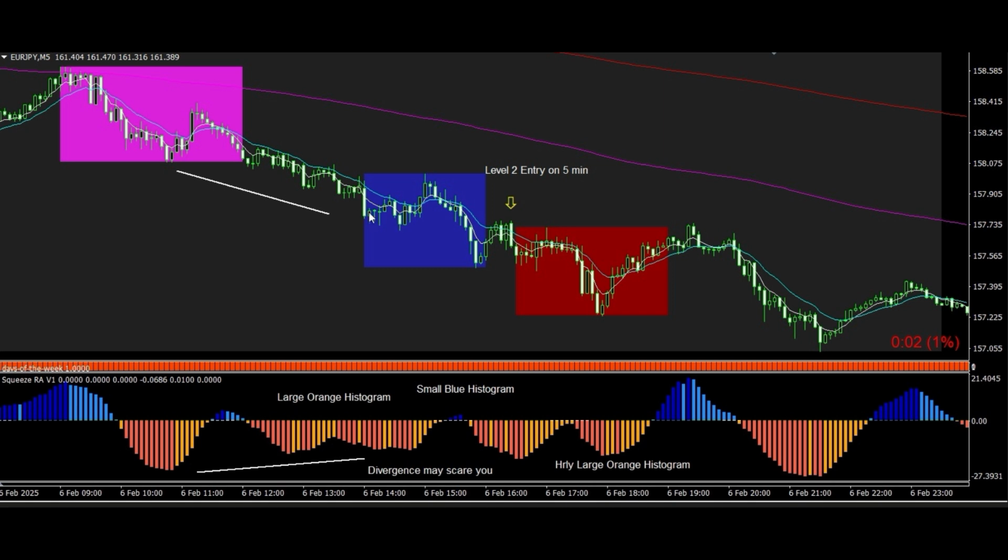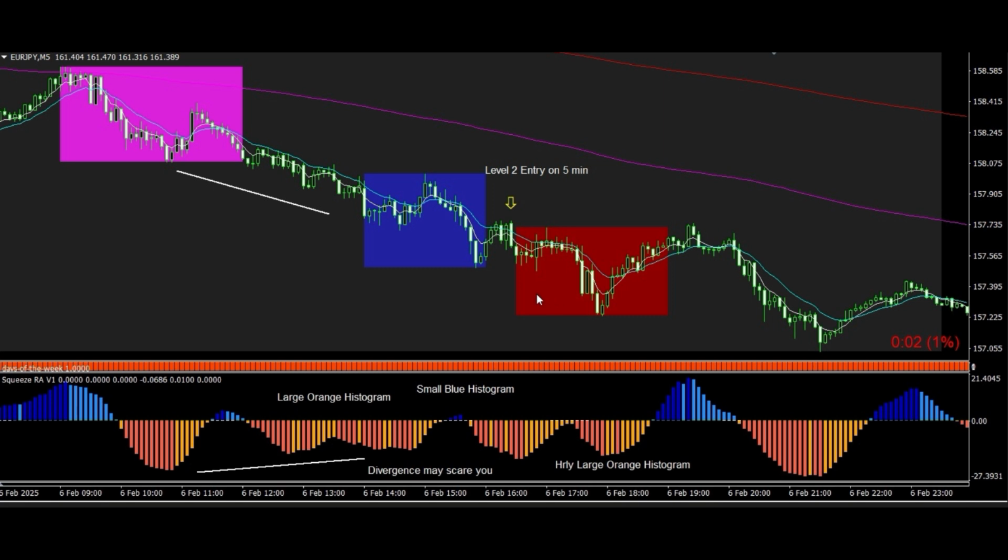So this is still level 1, and then we have a level 2. And then a 38 to 50% retracement here, and this is a possible entry during the New York session to take advantage of this level 3 move.